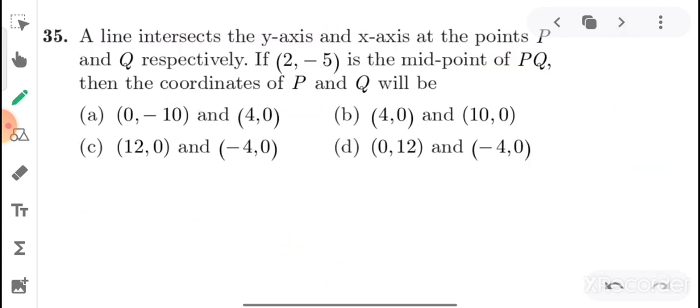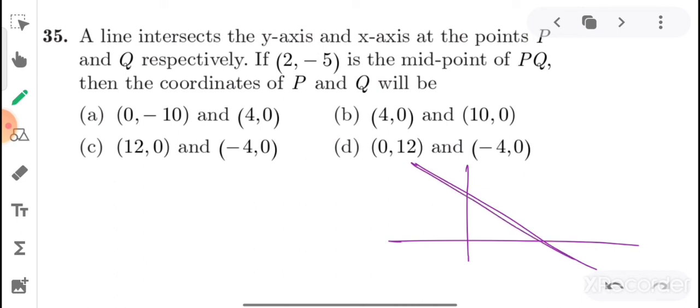A line intersects the y-axis and x-axis at points P and Q respectively. If (2, minus 5) is the midpoint of PQ. Okay, a line that intersects the y-axis at point P and the x-axis at point Q has coordinates (0, y) and (x, 0), and its midpoint is given as (2, minus 5).